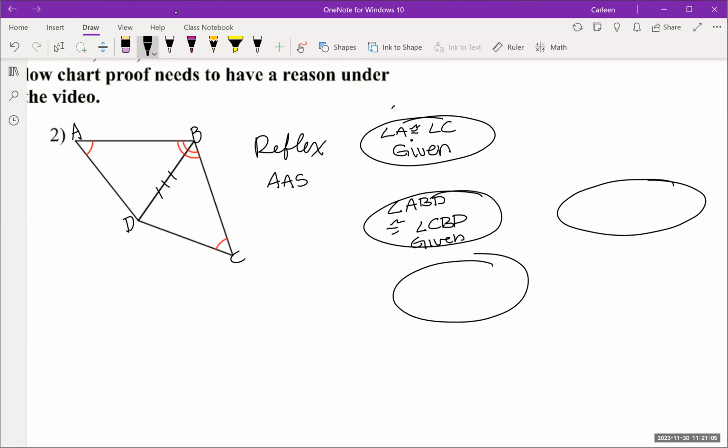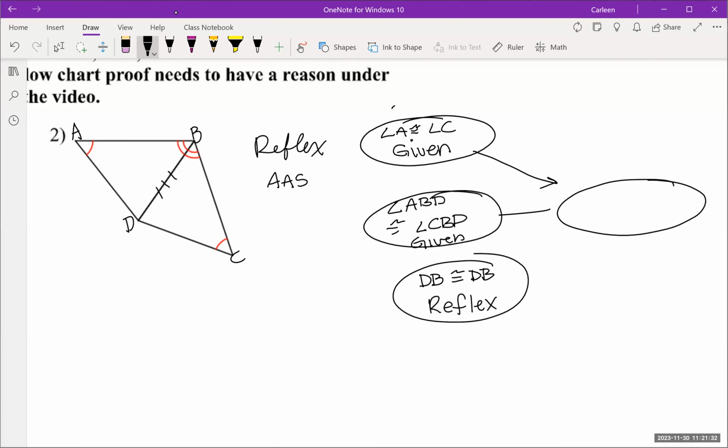Now DB is congruent to DB. Now I realize that's already marked. I made those marks. I have to give a reason that's not given. The reason is reflexive. Wow, my brain is not doing well today.